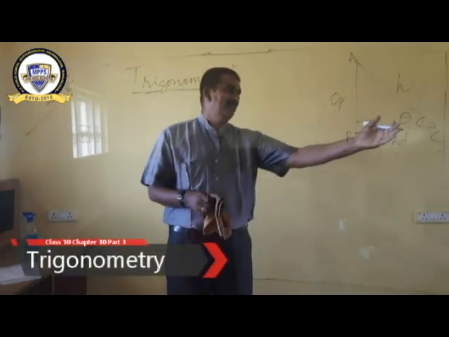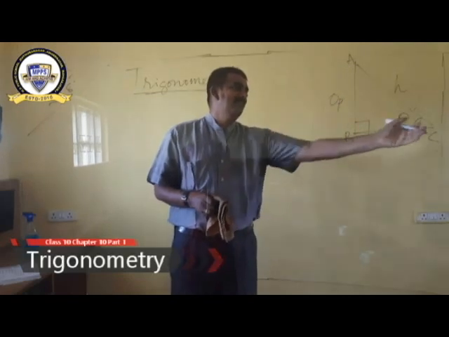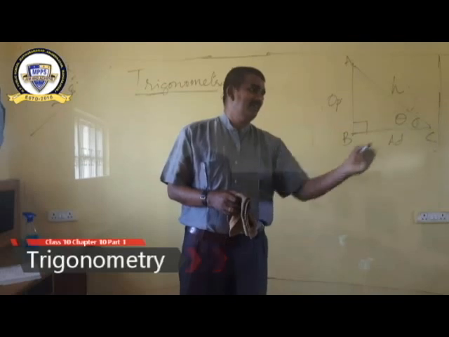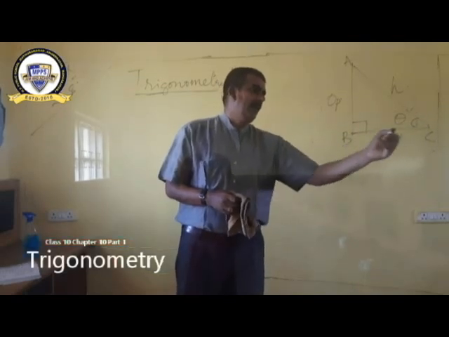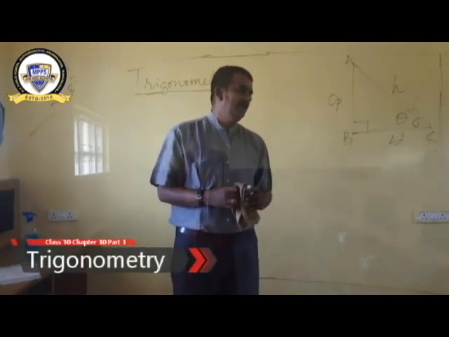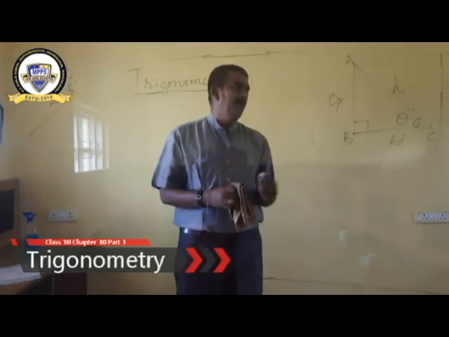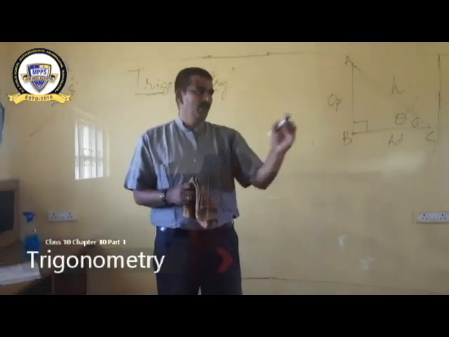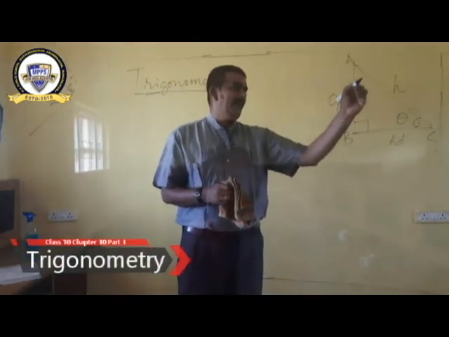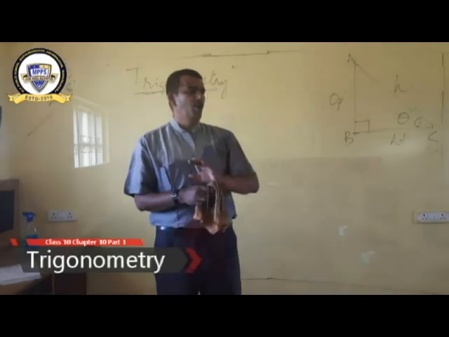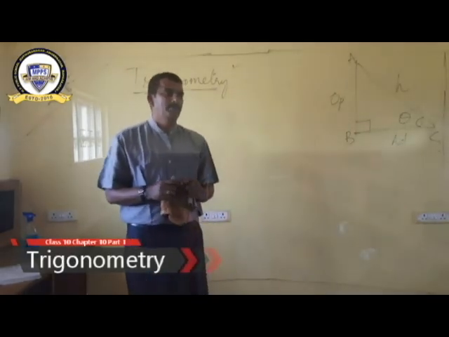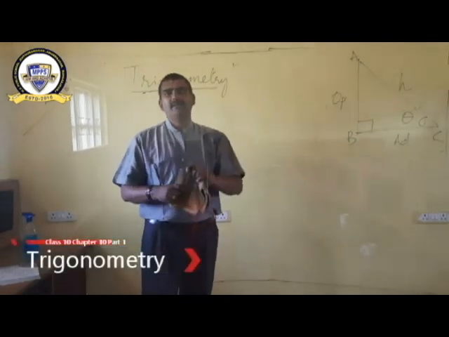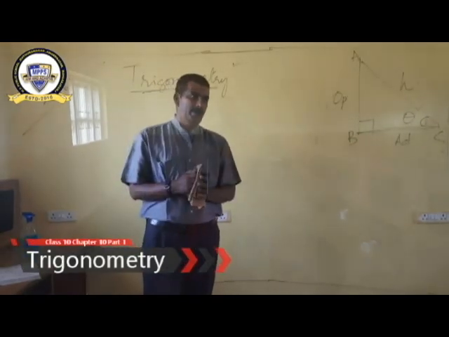See, the opposite side has no common vertex with C. And the adjacent side has a common vertex at C. The angle and the adjacent side have a common point, that is at C. That is the difference between opposite and adjacent. With this opposite, adjacent and hypotenuse and angles, many ratios we can develop. Many identities we can develop.